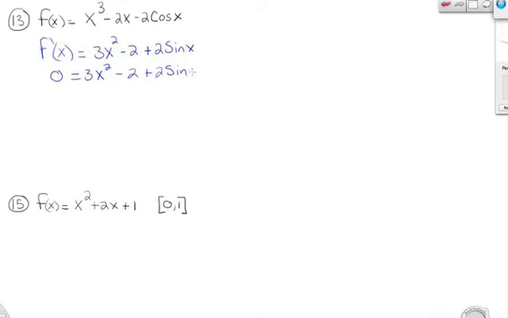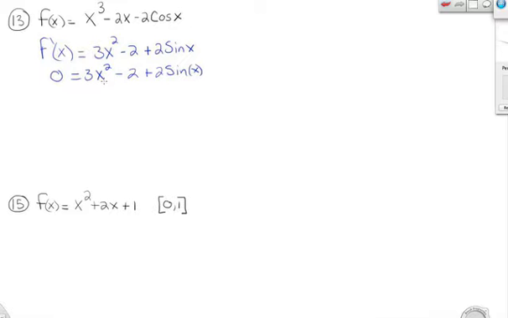So let's think about how we might be able to solve this. I'm looking at this to figure out when I can make it equal to 0. With the sine and then the quadratic, it seems pretty clear that this one is not going to be easily done.